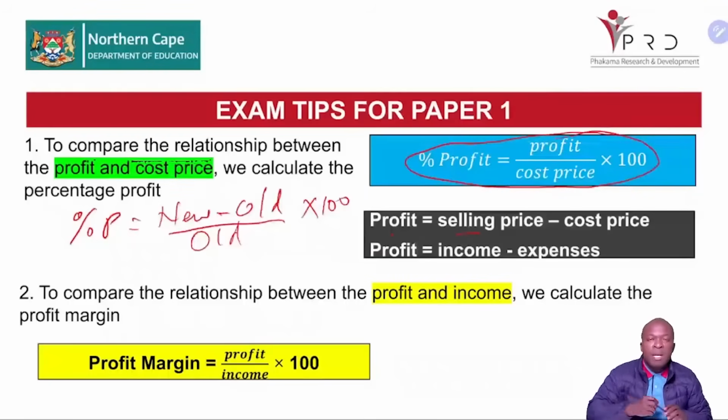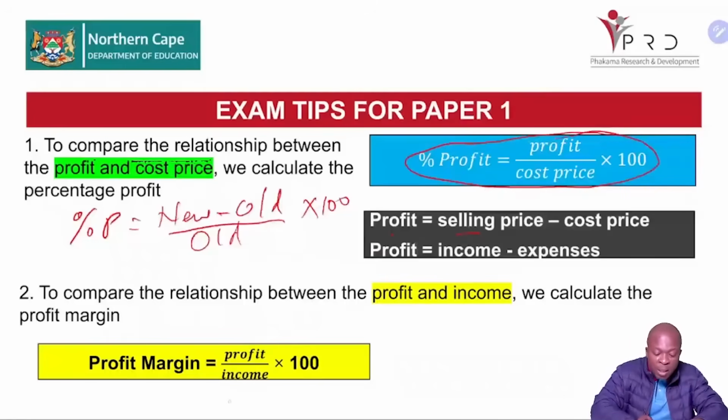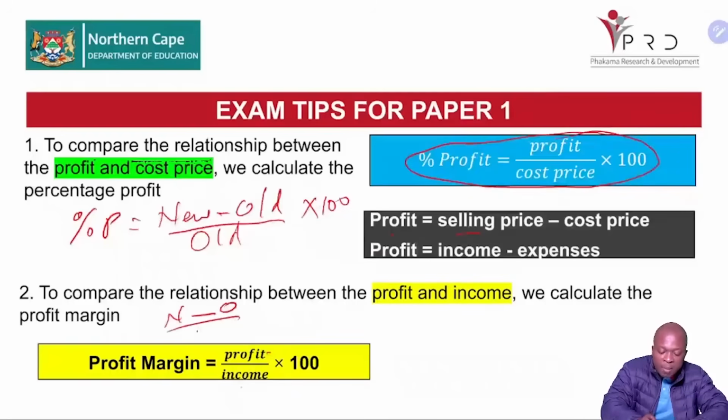It is the same formula that I'm talking about here. So once you see percentage change, percentage profit, you must just know the formula is the same: new amount minus old amount divided by old amount times 100. If you want to find what you call a profit margin, how much is your profit in terms of your income, then the formula changes to profit over income, meaning new minus old divided by new times 100.